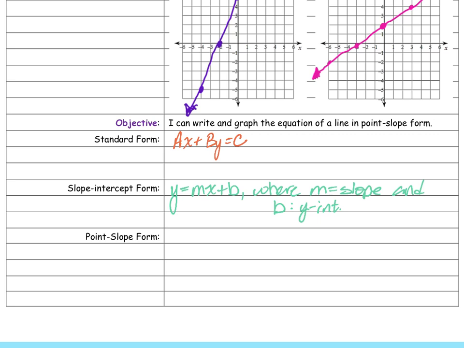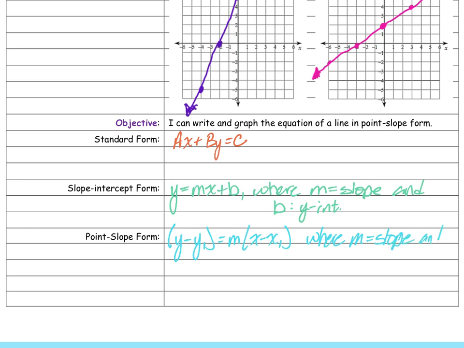Point slope form. So the equation says y minus y1 equals m times x minus x sub 1, where m equals the slope, so m is still my slope. M is always my slope.